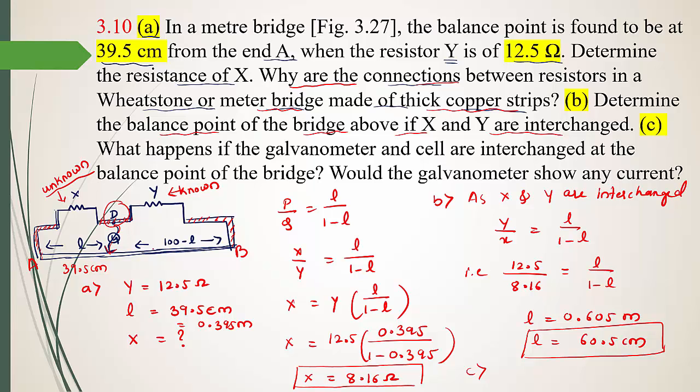When it is moved on this scale or on the wire, we will get the deflection, we will get the current. Suppose the cell and the galvanometer are interchanged, that indicates no current is flowing through the galvanometer. So this is the 10th problem, right?